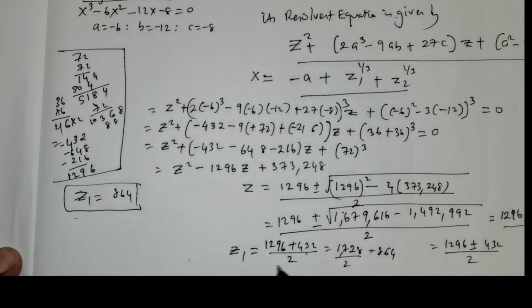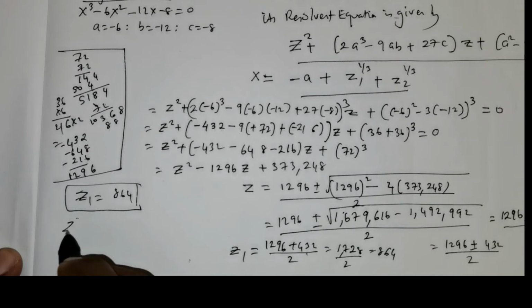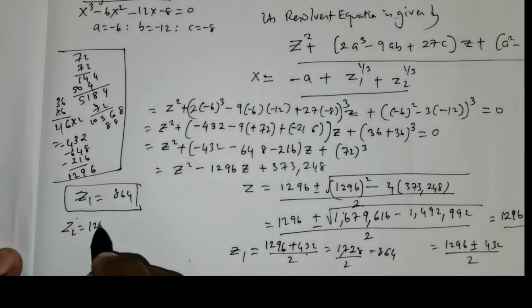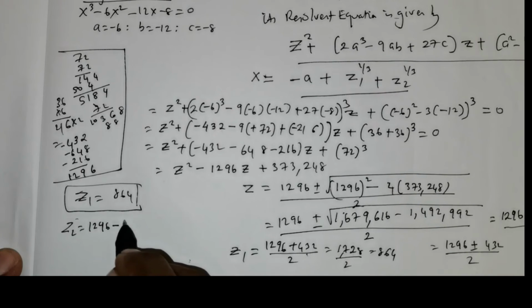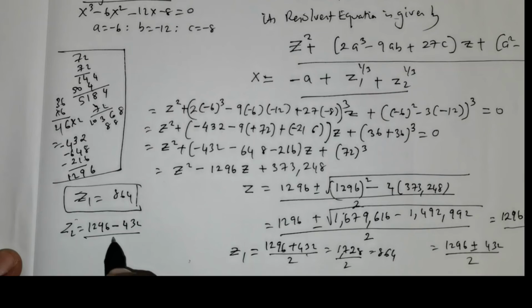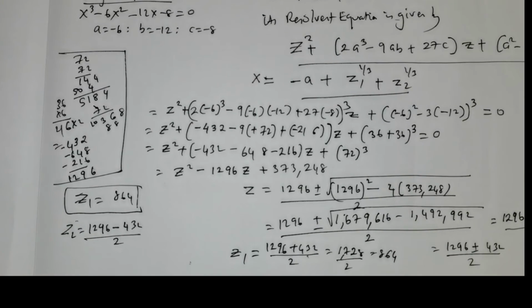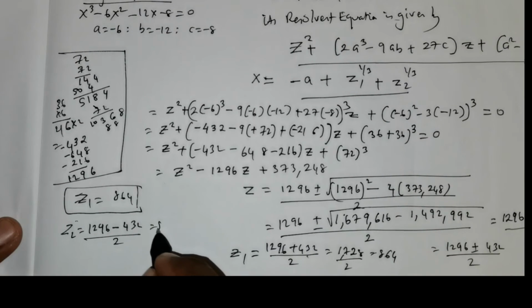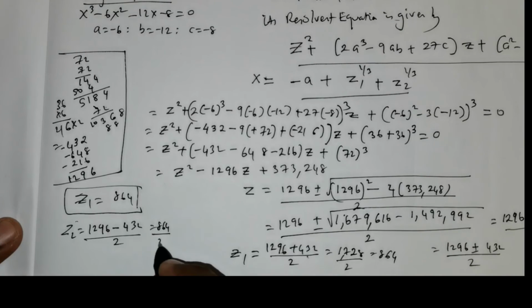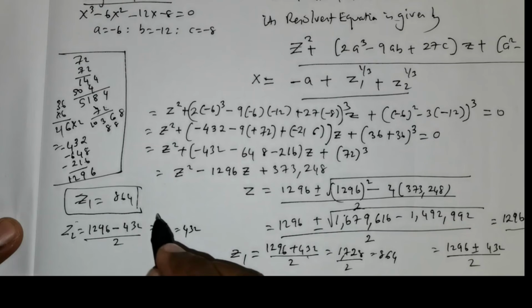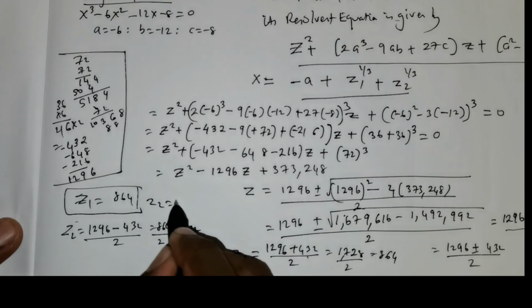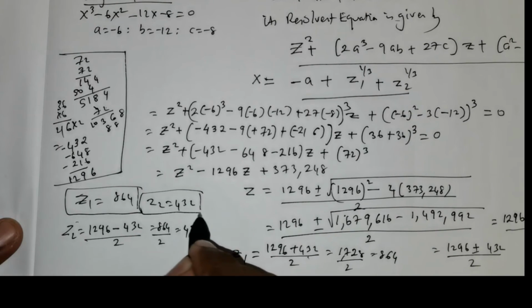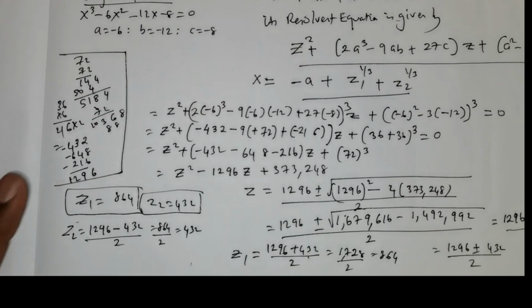And then the next value, z2, is going to be 1296 minus 432 divided by 2. So that one would give you 864 divided by 2, which is 432. So z2 is 432. So we got z1 and z2.